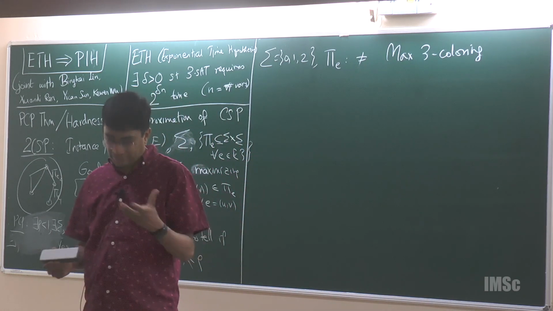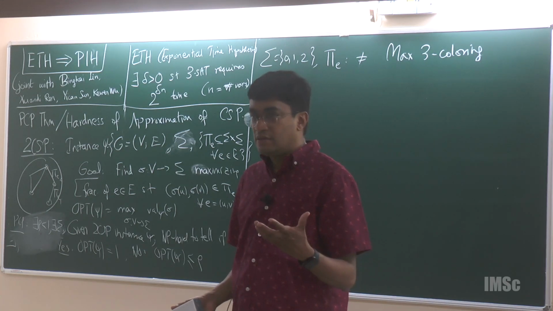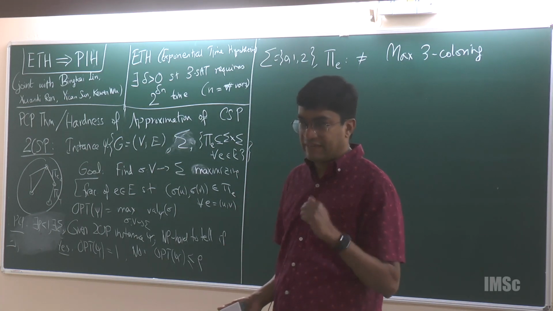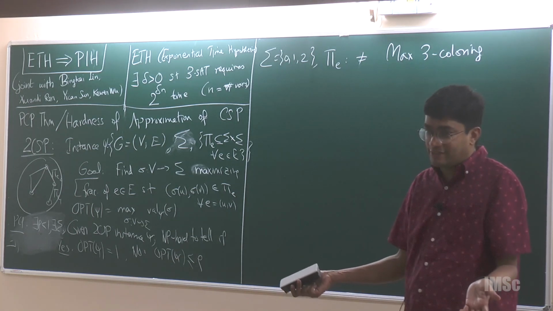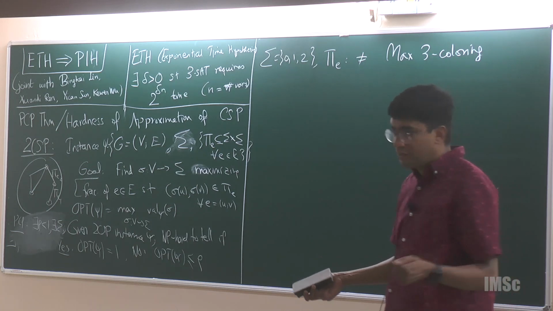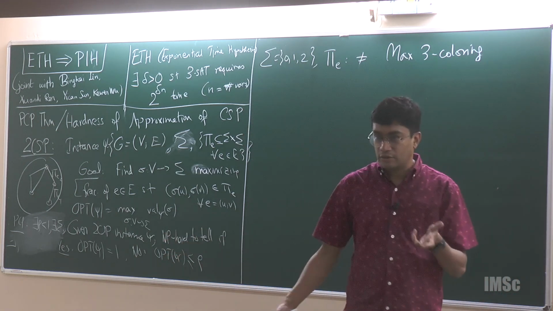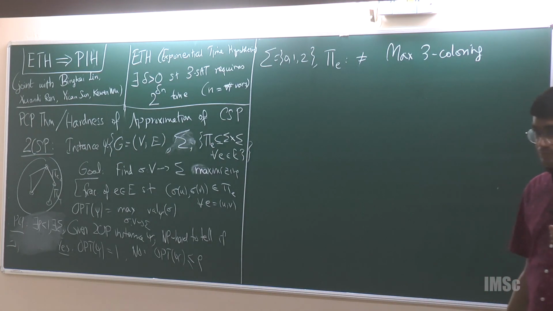And 7/8 is significant because if you take a 3SAT instance where every clause has 3 literals, and just take a random assignment, in expectation you will satisfy 7/8 of the clauses. So 7/8 is basically trivial to achieve without even looking at the instance. You can just pick a random assignment. And Hastad's result says that that's the best you can get. So there are such tight hardness of approximation results, also known for specific templates and so on.